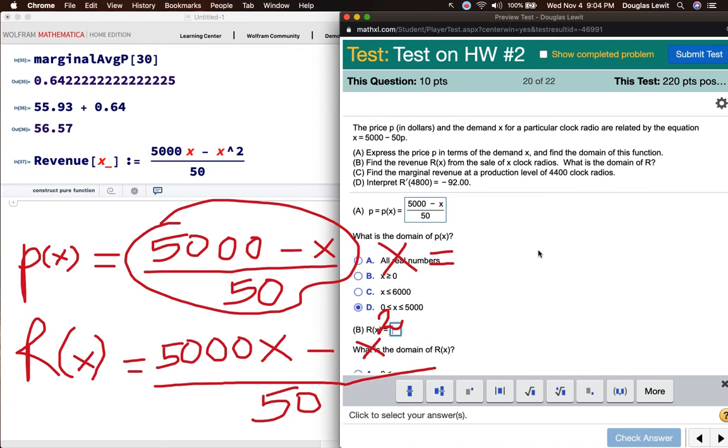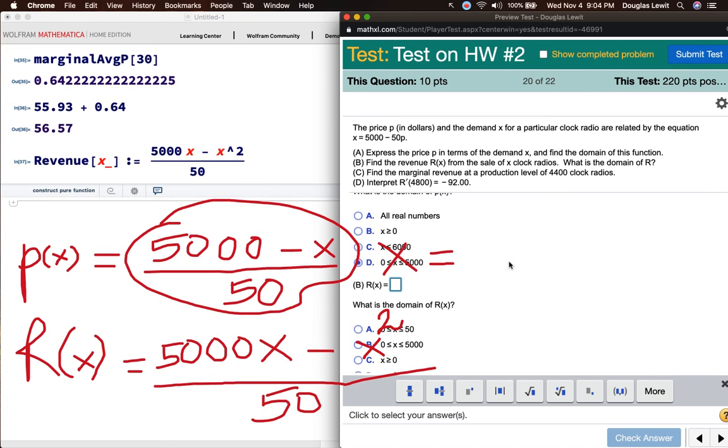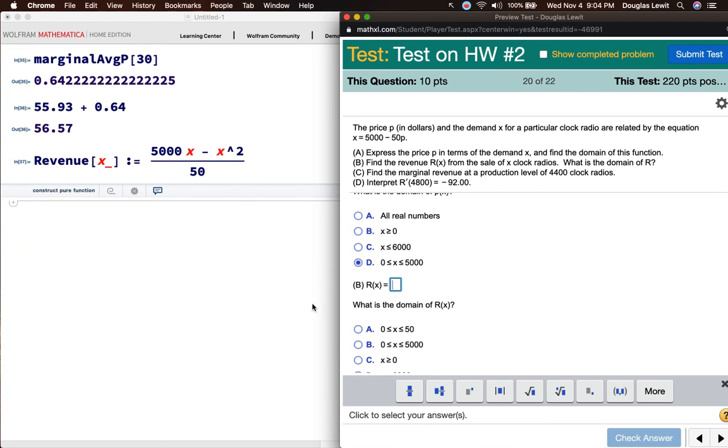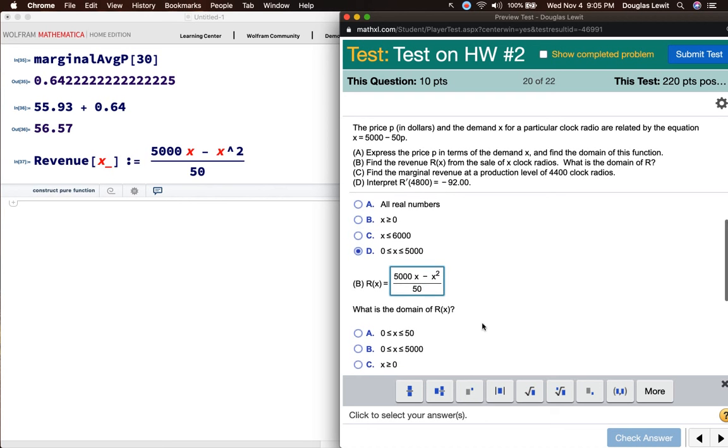And that's going to be my revenue function. Let me type it into Pearson's little window: 5,000X minus X squared, and we are going to divide that by 50.